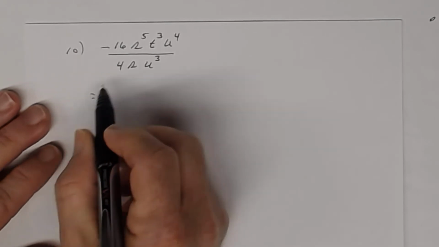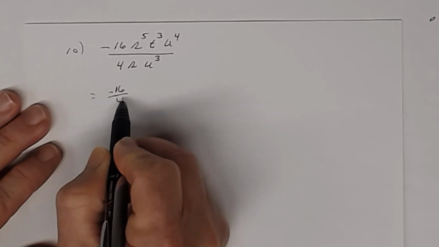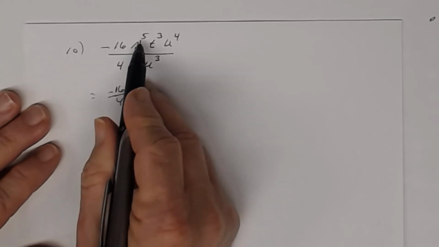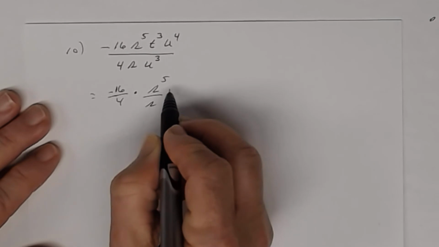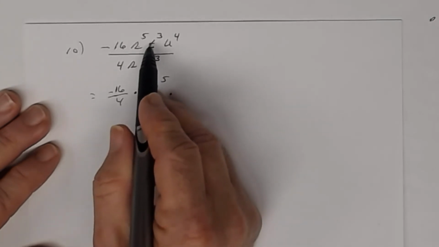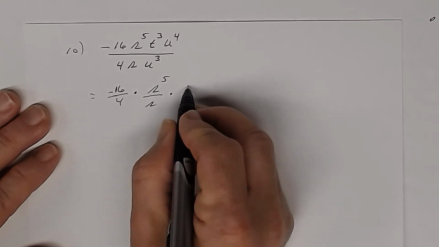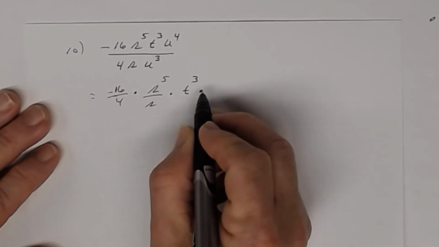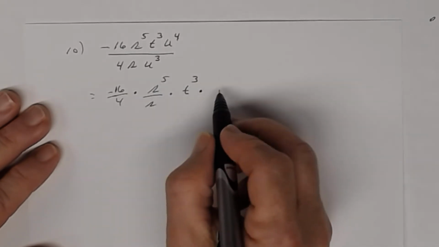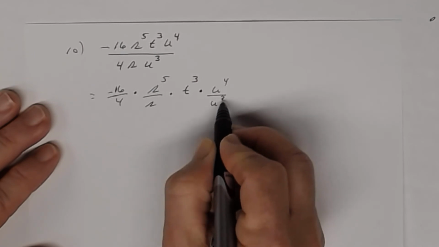In other words, you have negative 16 divided by 4 times s to the 5th divided by s, right? Times, now be careful, you have 3 factors of t in the numerator but none in the denominator. So all you can do is say this, t to the 3rd, just like that, times, and then 4 factors of u, so u to the 4th, divided by 3 factors of u, so u to the 3rd.